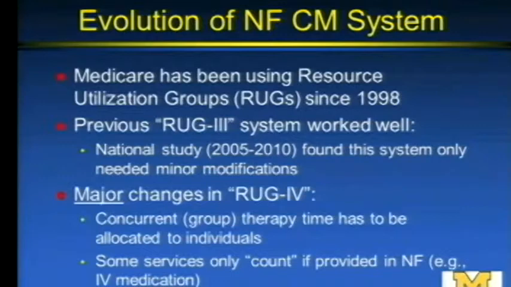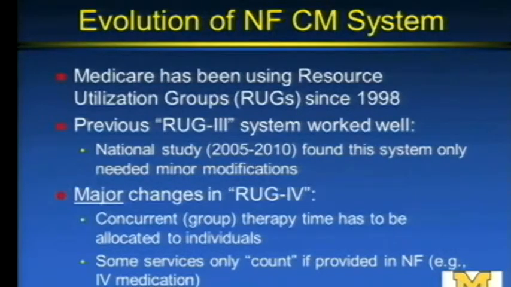of calculating the therapy time. Under the old system, the RUG-3 system, if you had concurrent or group therapy being provided to 3 people at the same time, say one therapist dealing with 3 people over an hour period of time, each of those people was considered to have received an hour of therapy time, and therefore the facility was getting credit for 3 hours of therapy time, if you will, 1 hour provided to each individual at the same time.